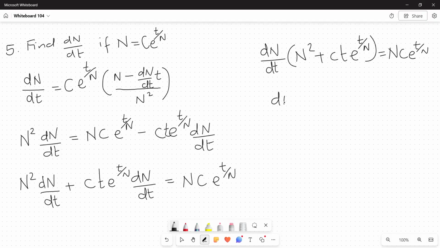And that means that dn/dt is equal to nc e to the power of t over n over n squared plus c t e to the power of t over n. Okay, so that is our derivative.